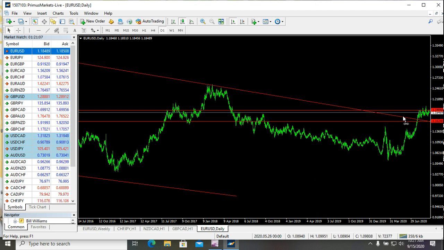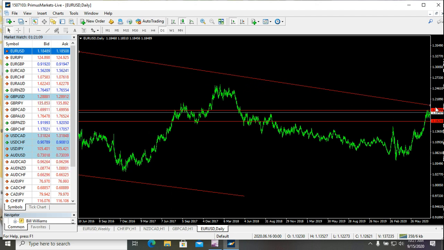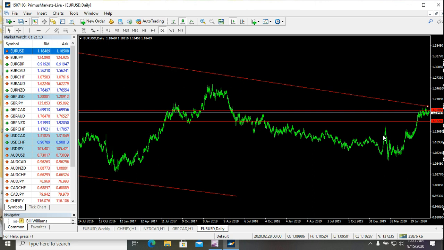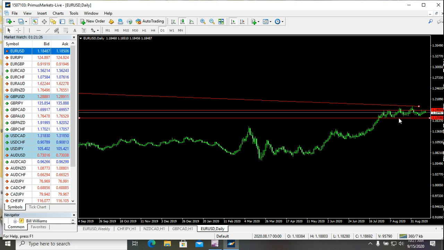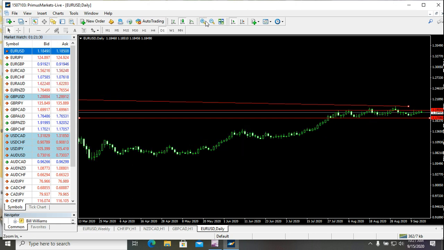But if you are going by my scenario and the fact that this trend line is not broken, then still we will comfortably have to wait for this to be broken. Let me do it well so that you can see. We must wait for this line here to be broken down. Once it breaks, then we can sell.